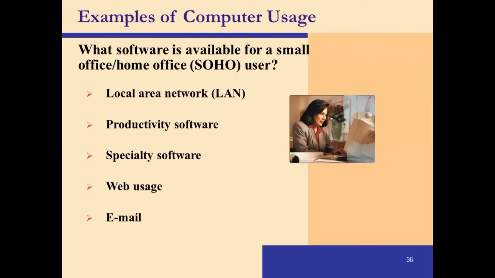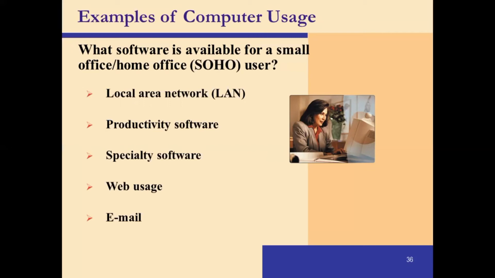Now we talk about the software that is available in small offices and home offices. Local area network, have you ever heard that word before? What does it mean? A network that spans over a small area, like a house. Definitely that's correct.